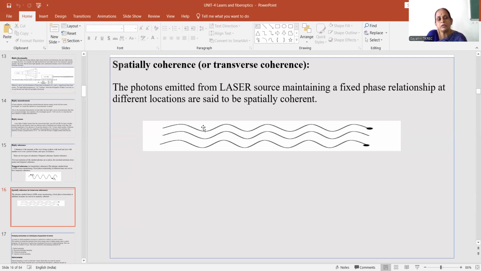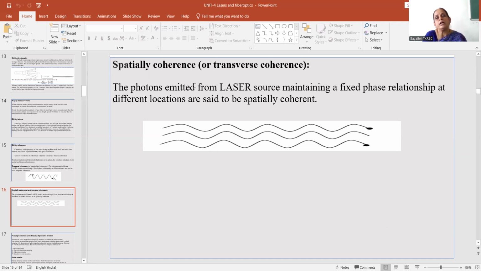Temporal coherence means we consider a single wave at different positions, maintaining the phase with time. Here, different locations can be considered, two different waves, and they maintain a fixed phase difference or phase relation.